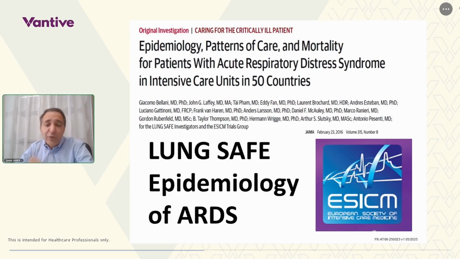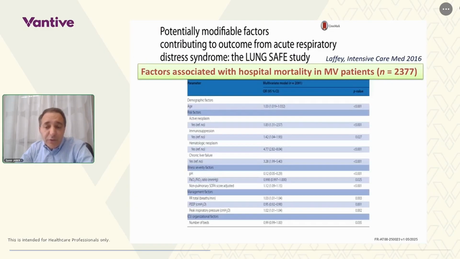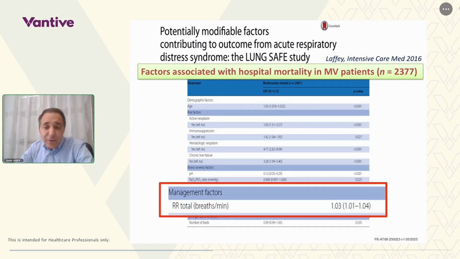And in this large trial performed by Giacomo Bellani, the LUNG SAFE study, as you see, a driving pressure lower than 14 was associated with lower mortality in comparison to patients who have more than 14. This was confirmed by several other studies more recently. This trial shows the respiratory rate is a parameter that could be associated with higher mortality.